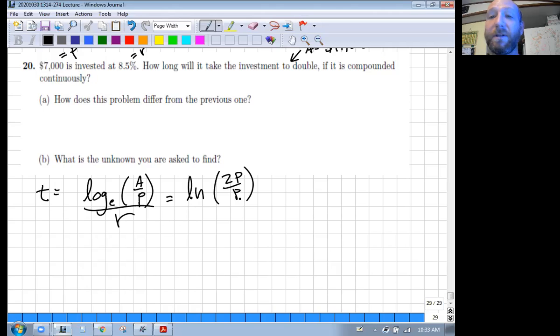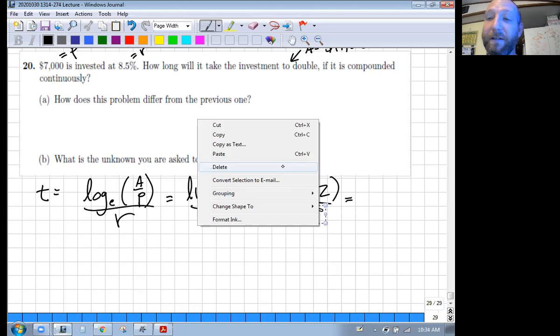If you're doubling it, you're going to get the same answer, because whatever the principal is, you take 2P over P, you just end up with a 2, no matter what the principal is, as long as you're doubling it.